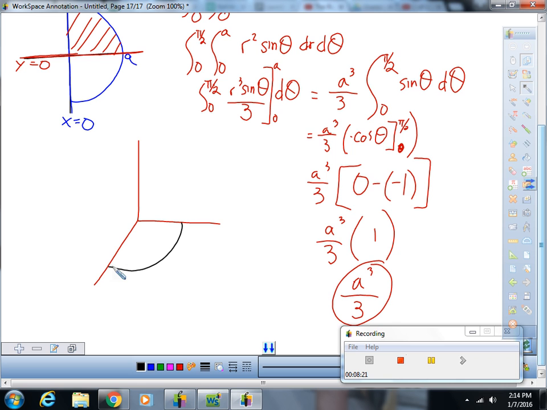Once again, it's that same picture. The volume of that thing is a cubed over 3, depending on what a is. That's what our shape looks like. Boom!